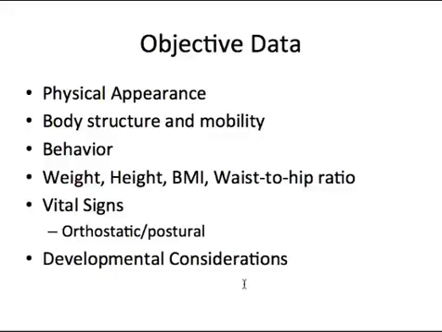Their height, weight, BMI, their waist to hip ratio, their vital signs, including their orthostatic or postural blood pressures. Remember, developmental considerations come into play depending on whether they're an infant, toddler, young child, adult, or an older adult. So those are always things that we need to consider when we're completing an assessment.